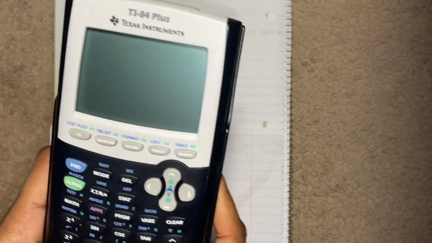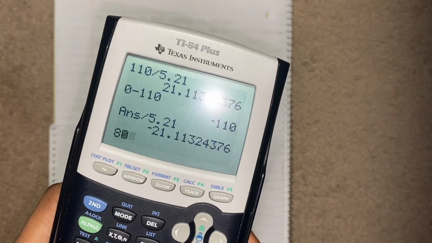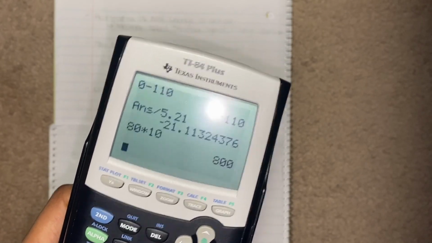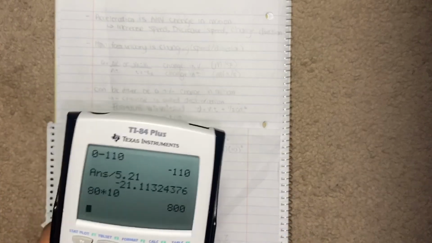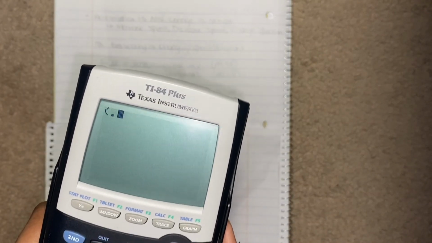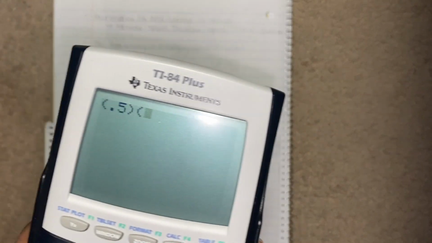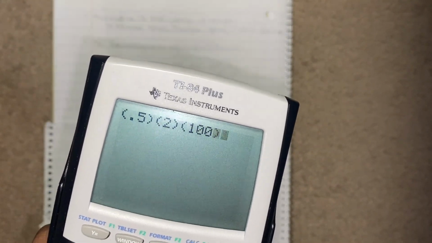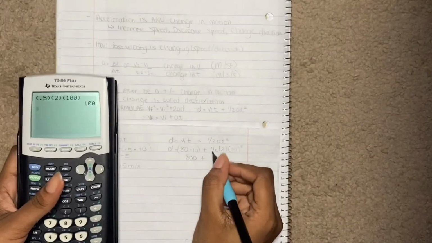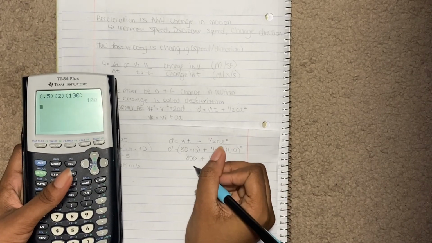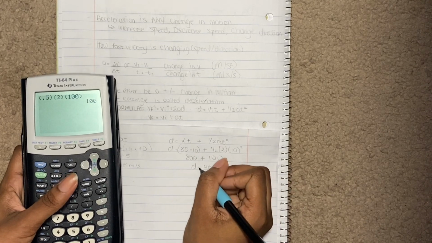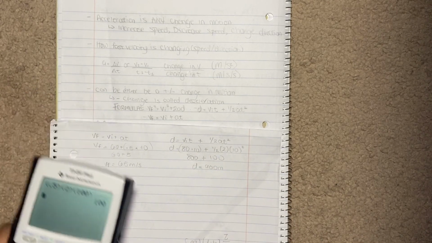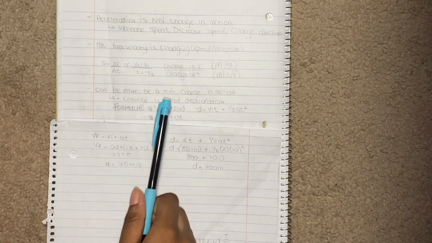So if I were to solve this, I would put 80 times 10, that's 800 plus 0.5 times 2 times 100, because 10 squared is 100. And when you add that together, your distance is equal to 900 meters. And that's it. One problem for each way that you can be given that from word problems.